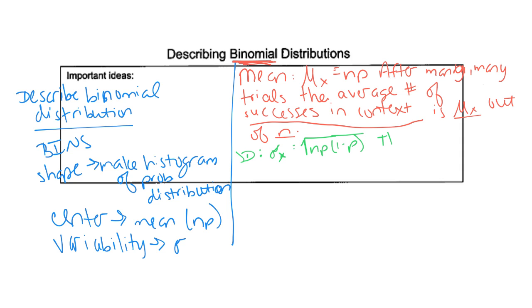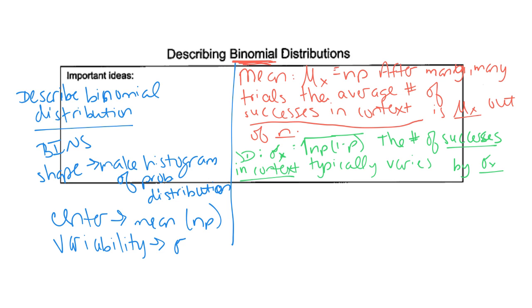And then again, our stem: the number of successes in context typically varies by whatever that standard deviation is that you calculated from the mean of whatever value you calculated out of n number of trials.